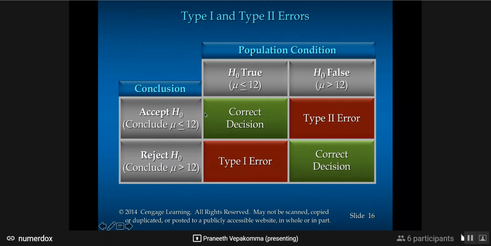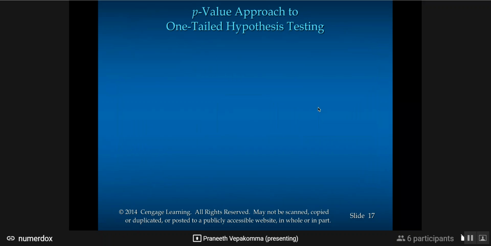If the truth was null and you also accepted null, then it's a correct decision. But if you accepted null when the truth is false, it's a type 2 error. If you rejected when it is true, it is a type 1 error. If you rejected H0 when H0 is false, then it is a correct decision. This is just like your confusion matrix. Your diagonals are correct decisions in the hypothesis test. Off-diagonals are wrong decisions.